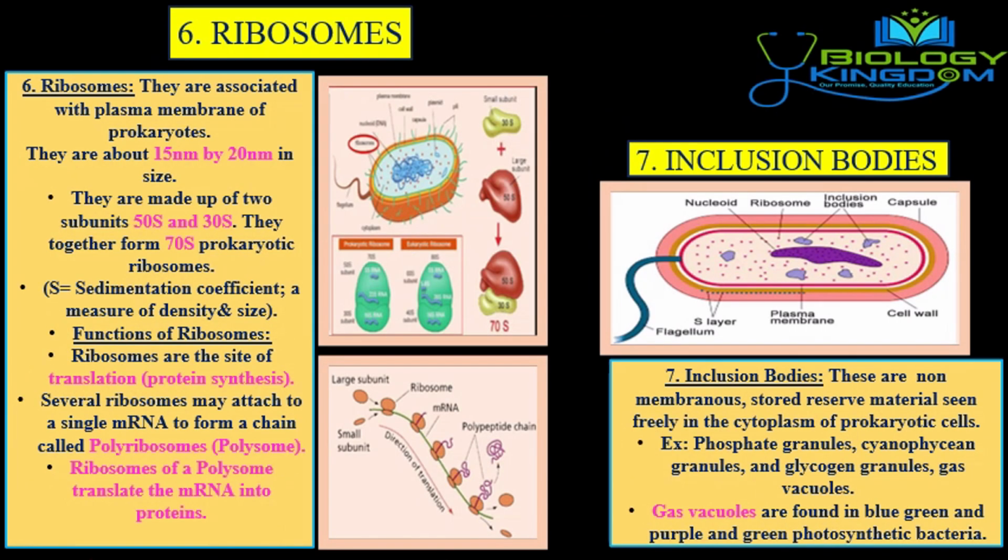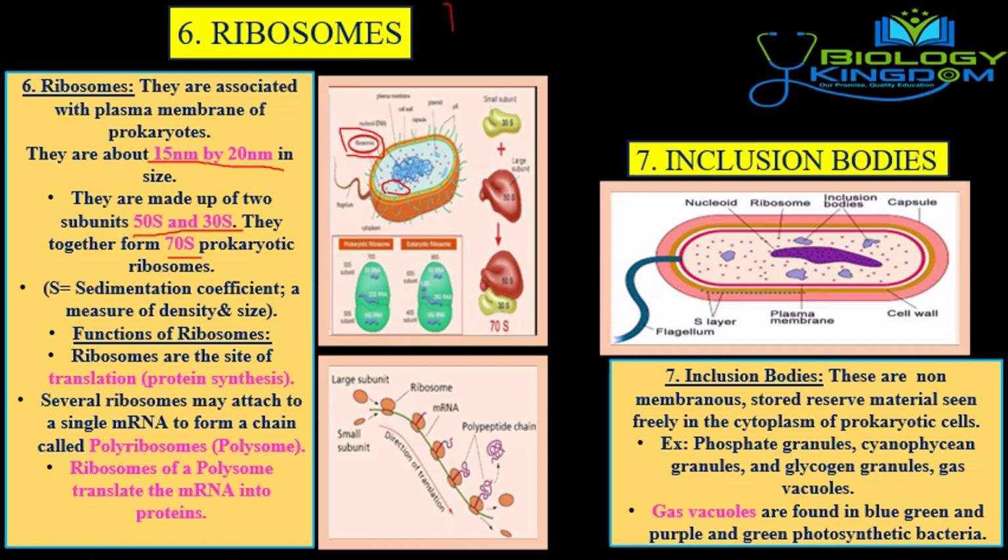Moving on to the next part of prokaryotic cells, that is the ribosomes. Here internally we have certain red dot-like structures or granule-like structures. These granule-like structures are known as ribosomes, and their size is about 15 to 20 nanometers, and they are always made up of two subunits, that is 50S and 30S.